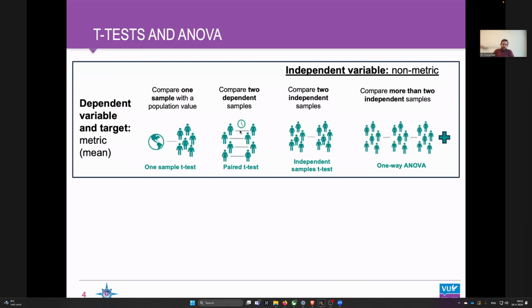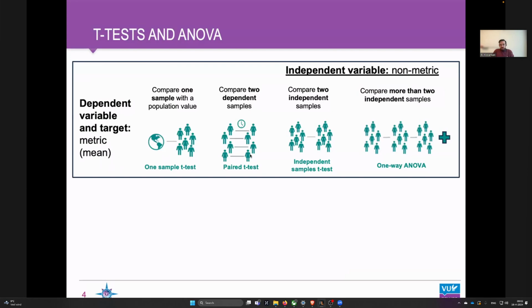There is also what's called a paired t-test, where you have measurements from the same people or same elements, and you do measurements now and, I don't know, a couple of months or a couple of years later. You can think of it as looking at political affinity before and after an election, for instance, and you want to understand how the mean of this political affinity changes before and after an election.